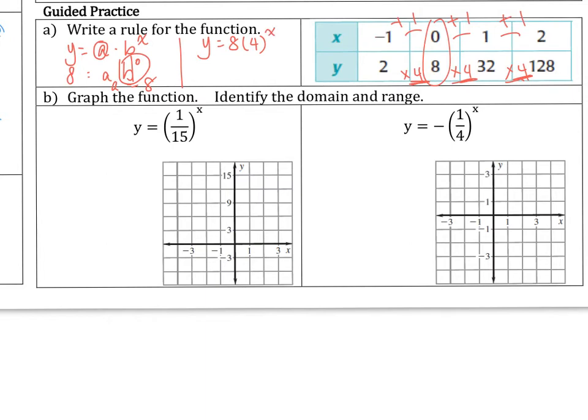So as you can see, because the base here, b, is greater than 1, we can say this is an exponential growth function.